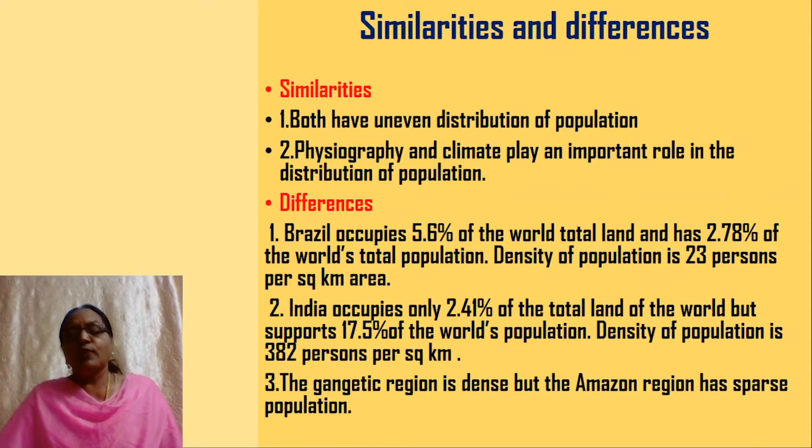Regions of high densities are usually those which lie along, say in India, the Indo-Gangetic plain, or the metropolitan cities like Calcutta, Delhi, Chennai, etc. Or if you take Brazil, along the northeastern part of Brazil and the coastal regions and southeast part of Brazil, which have very high density of population.